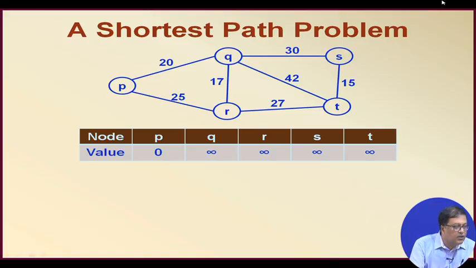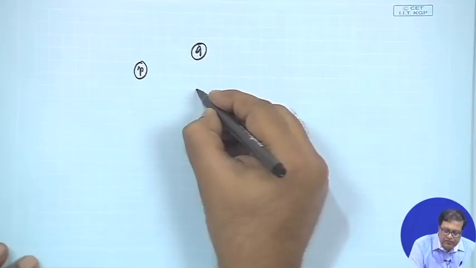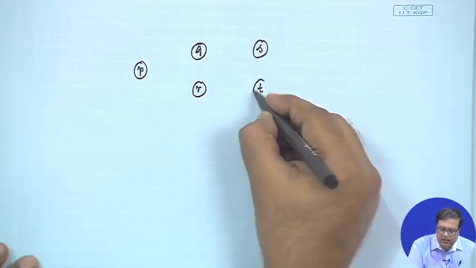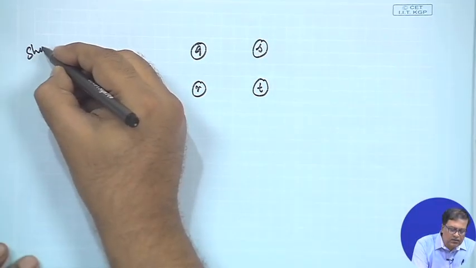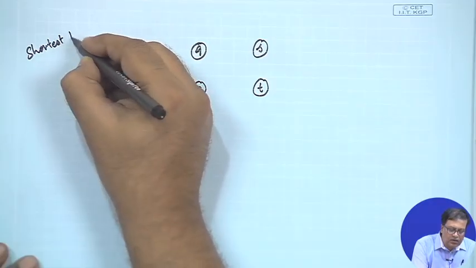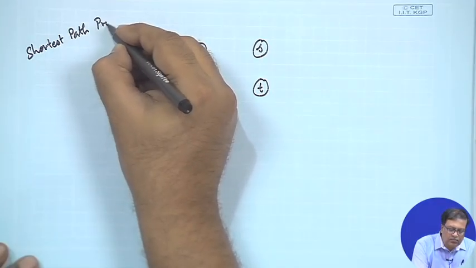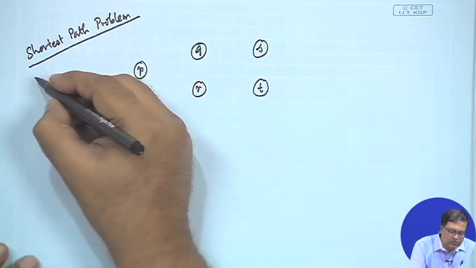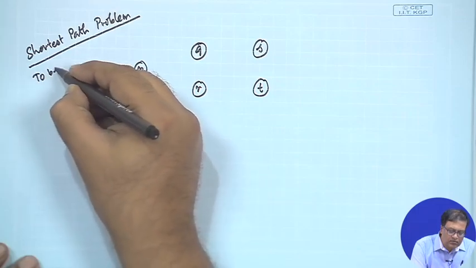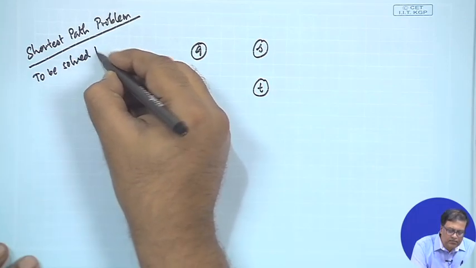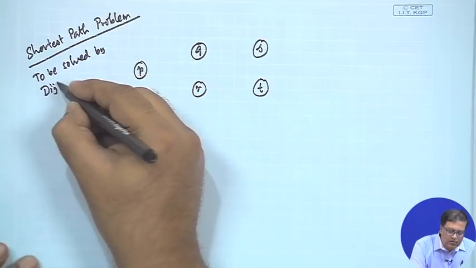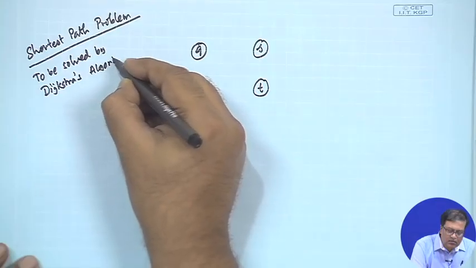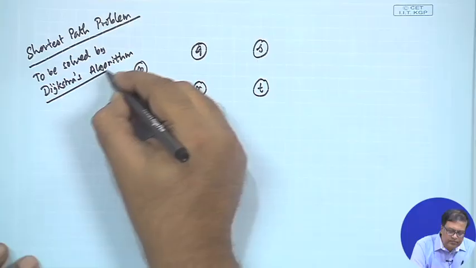So, let us say we have 5 nodes P, Q, R, S and T. This is a shortest path problem to be solved by Dijkstra's algorithm.